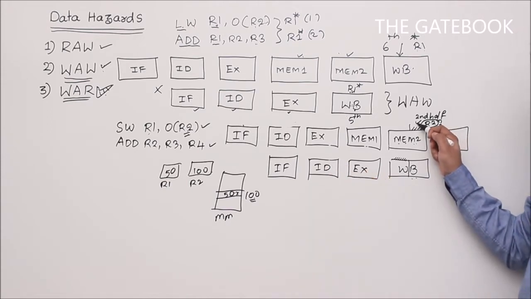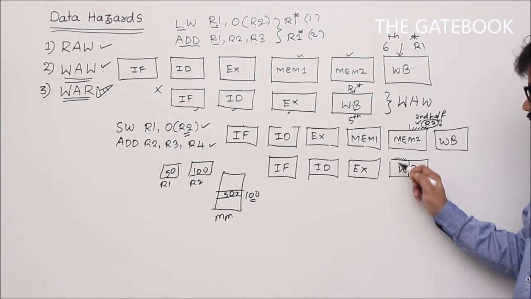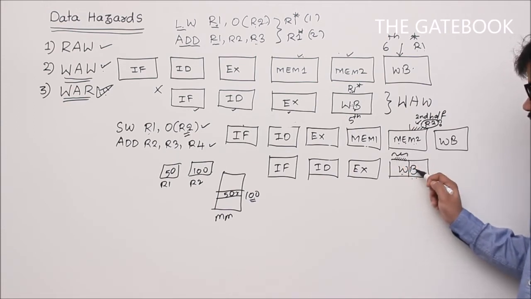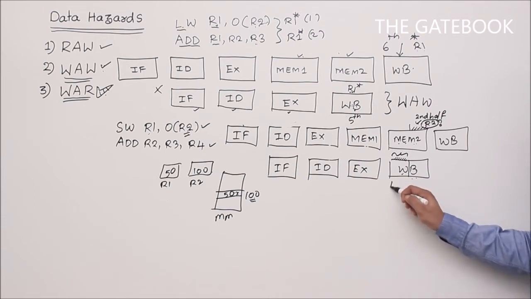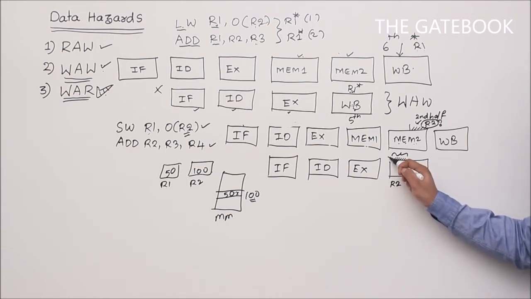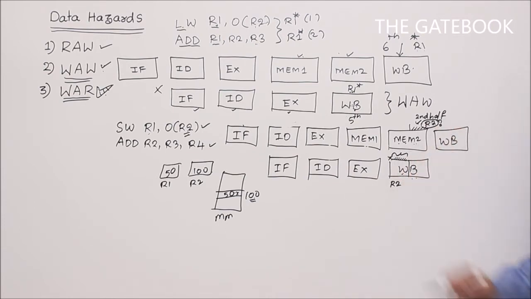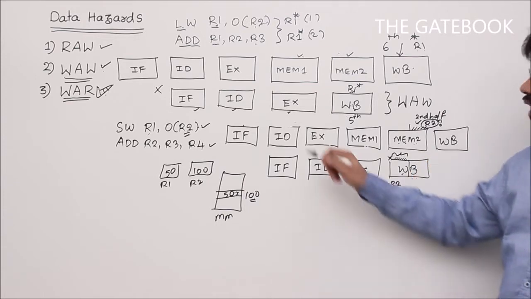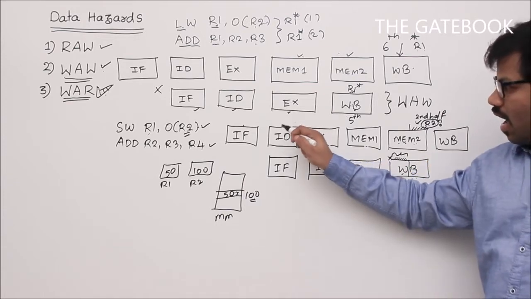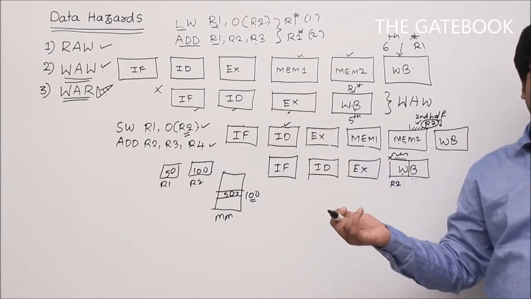So if you are reading here, but in the first half you are writing in the write back stage, then what is going to happen? In that circumstance, R2 is written first, and later that will be read, correct? But since this is the first instruction, we should read R2 first. If we had read R2 in the decode stage, there is no problem, right?